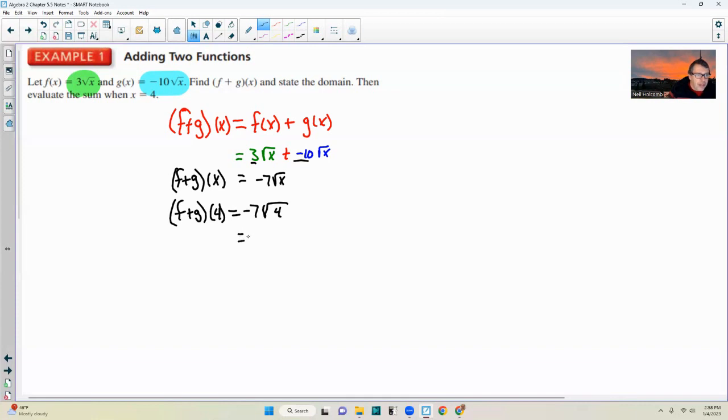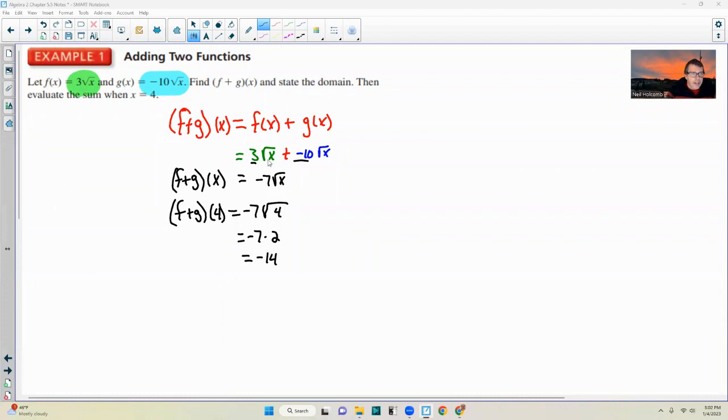And then I simplify. Square root of 4 is 2, and negative 7 times 2 is negative 14. So f plus g of 4 is negative 14. Okay. So that's how you do adding of two functions and finding a value of the new function.